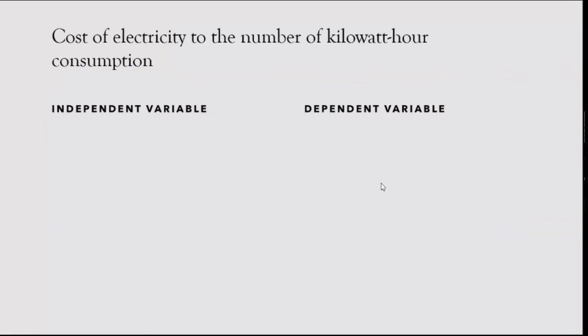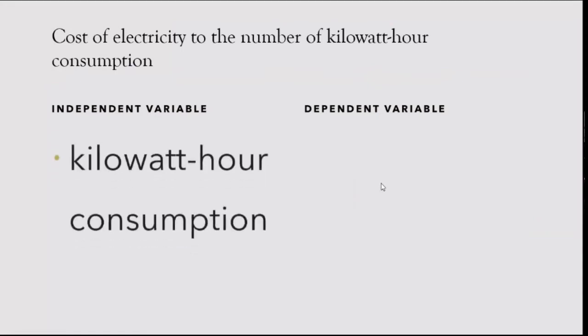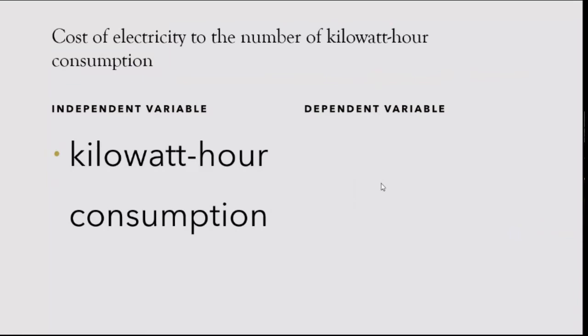Now, the cost of electricity to the number of kilowatt-hour consumption. Nakadepende yung babayaran nating bill ng kuryente sa kung ano yung konsumo natin ng kuryente. So the independent variable will be kilowatt-hour consumption.